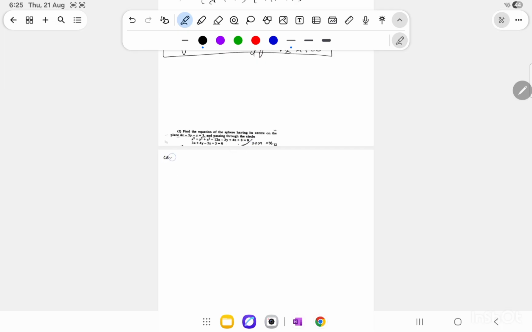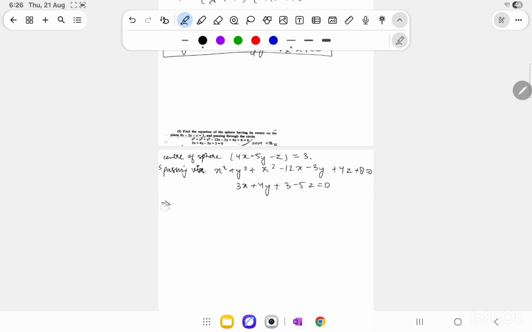So it says that the center of the sphere lies on 4x minus 5y minus z equals 0, and the sphere, let the sphere be S, is passing via x square plus y square plus z square minus 12x minus 3y plus 4z plus 8 equals 0, and 3x plus 4y minus 5z plus 3 equals 0.